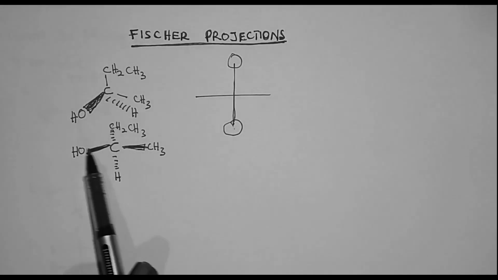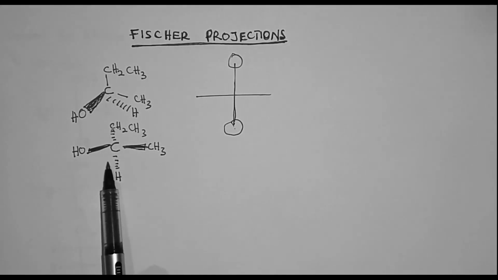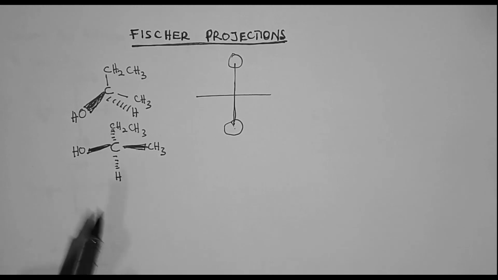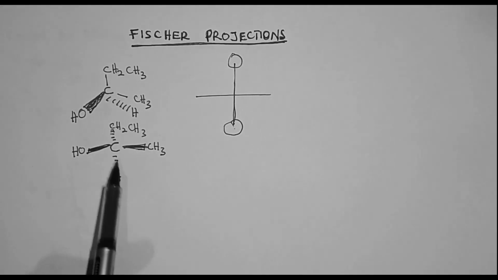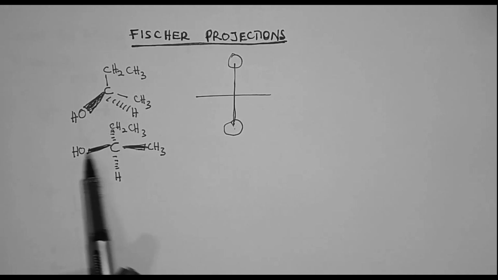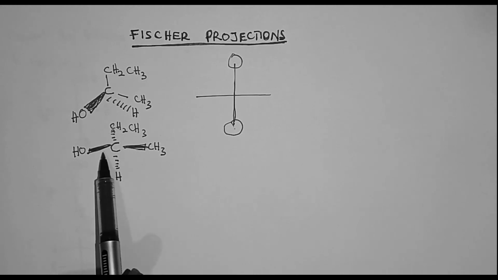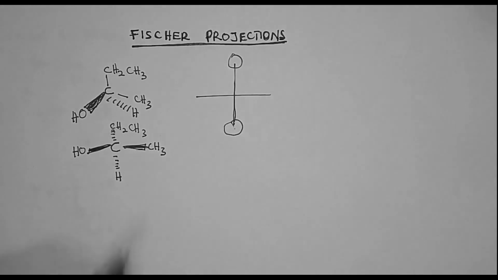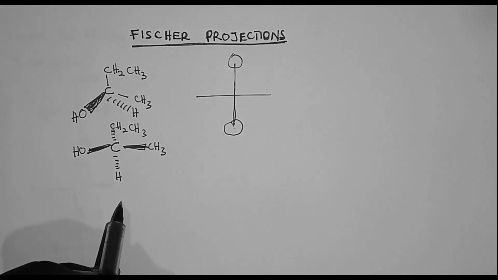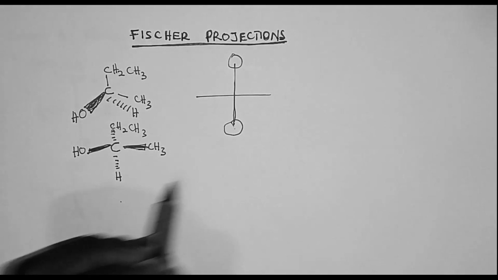So this is how we redraw it in terms of Fischer projections. All the groups pointing away from the viewer are going to be on the vertical line, and all the groups pointing towards the viewer are going to be on the horizontal line. And therefore, in terms of Fischer projections, this is going to look like this.